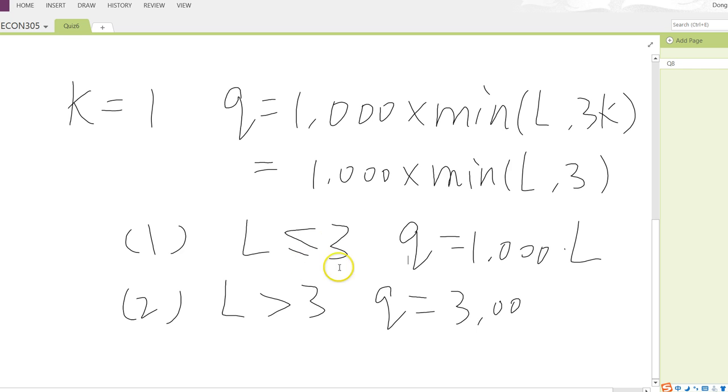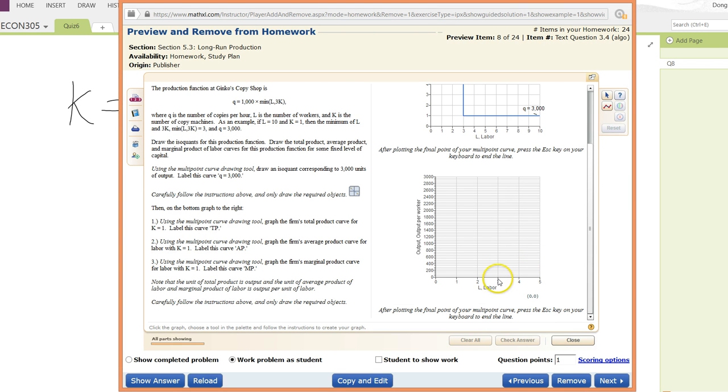That's also the highest for the first range, so we can draw this first portion of the total product curve: 0, and when L equals 3, 1000 times 3, that's 3000.